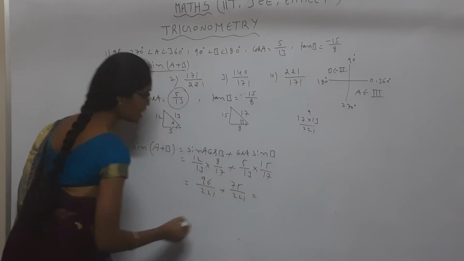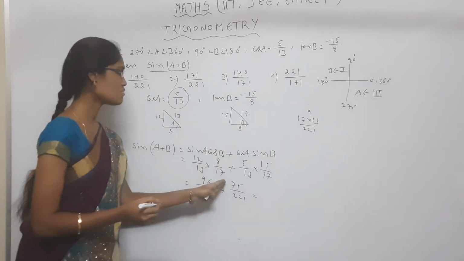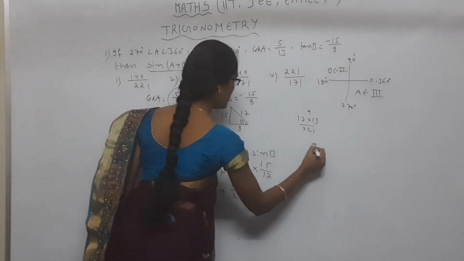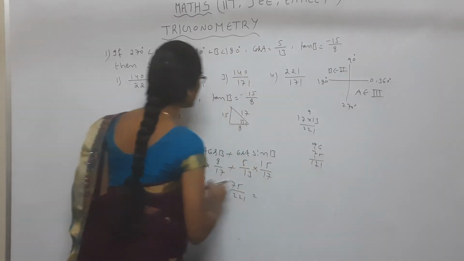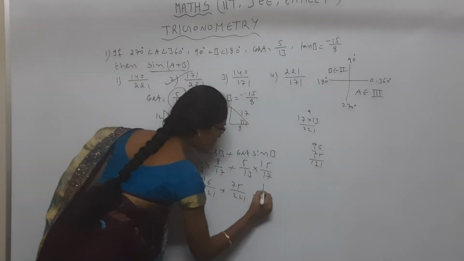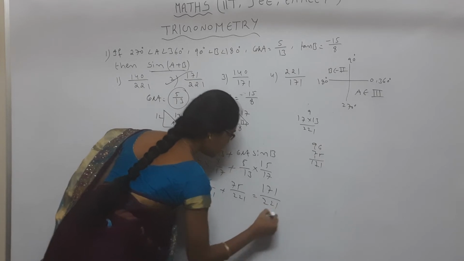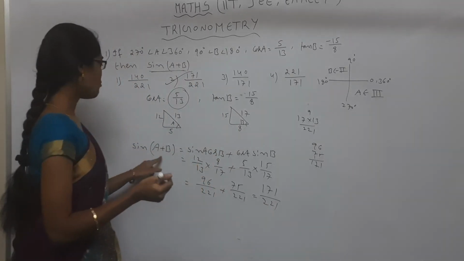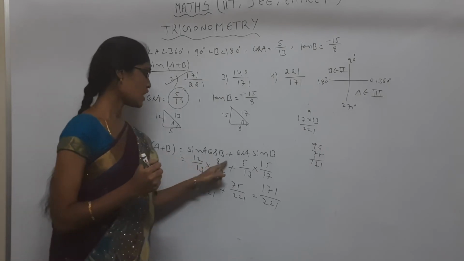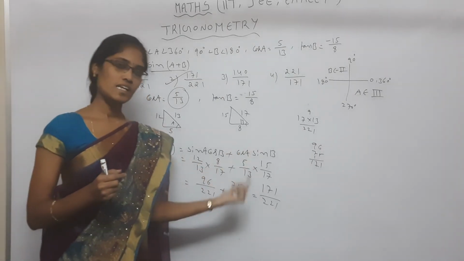This is also 221. Take LCM 221, 96 plus 75, 171. So 171 by 221. We'll get the second option. Okay, now using the formula sin of A plus B is equal to sin A cos B plus cos A sin B.